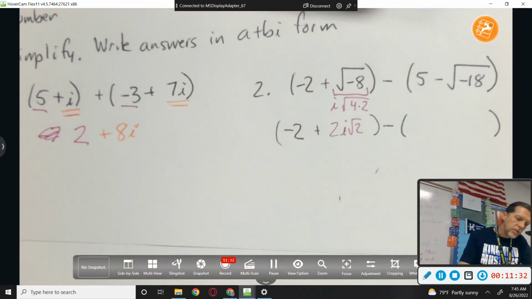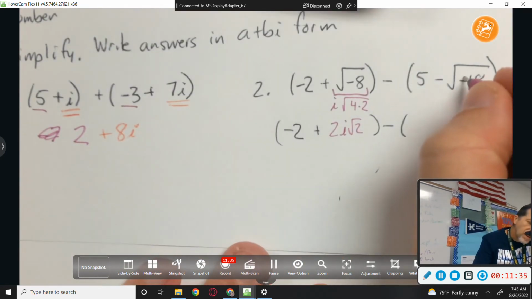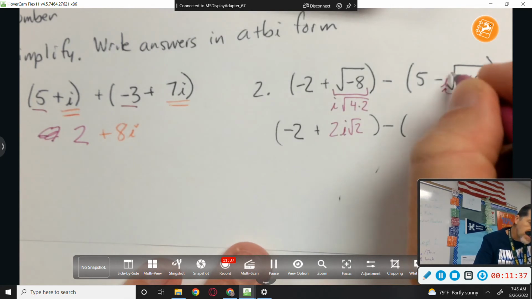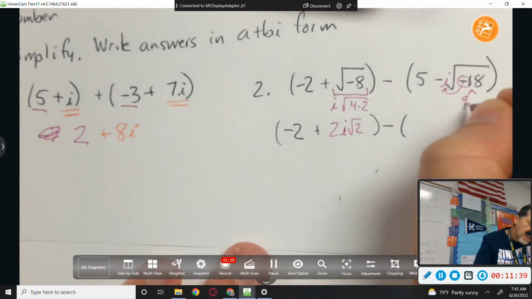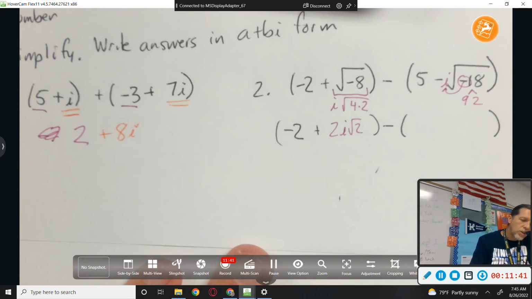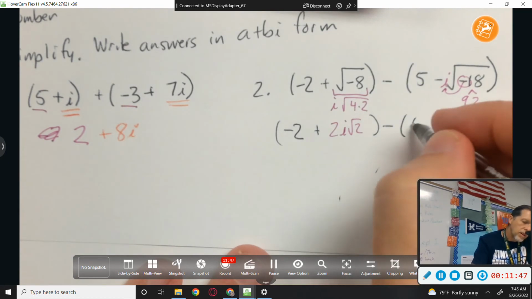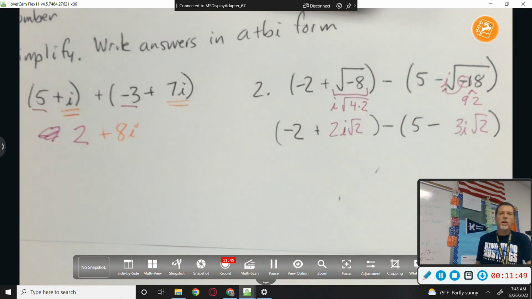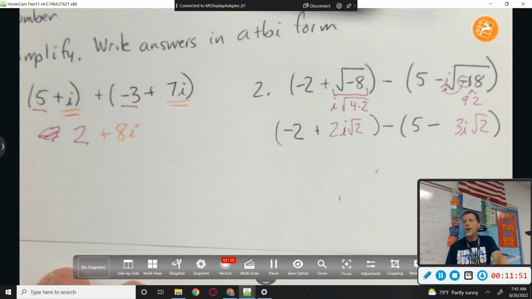Then we'll do the same type thing for 18. Negative comes out as an i. 18 is 9 and 2. So that would be 3i square root of 2. Okay, now we're ready to look for like terms.